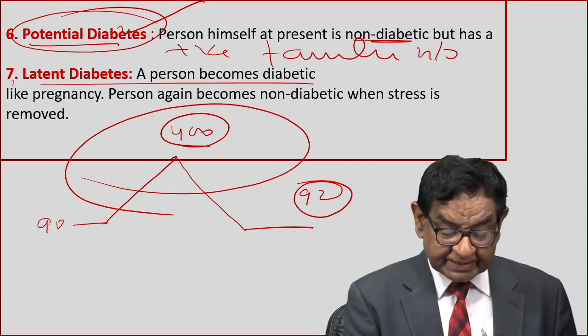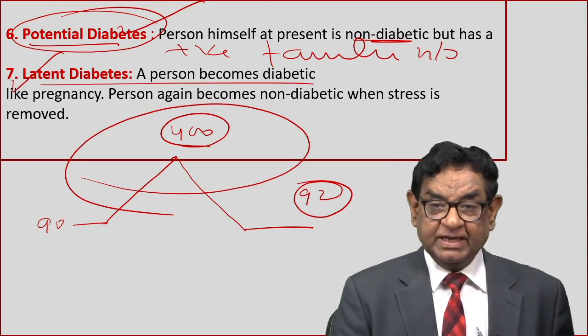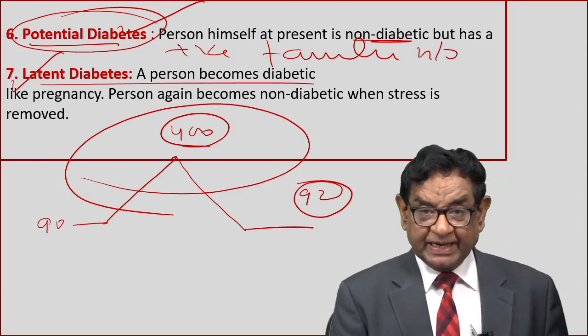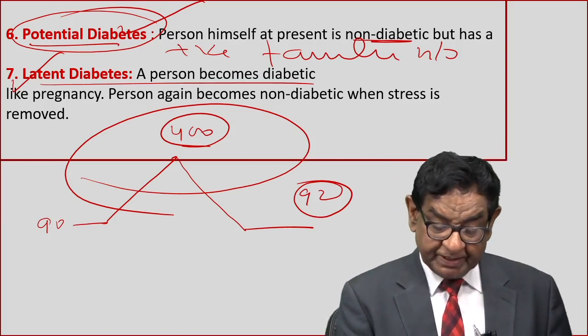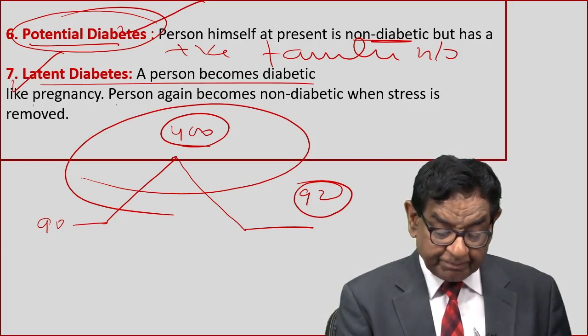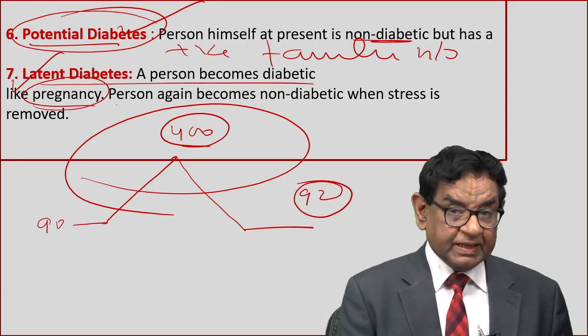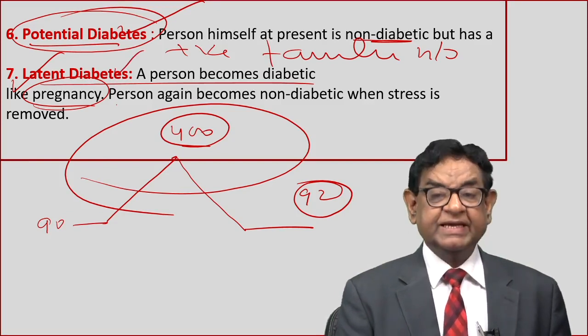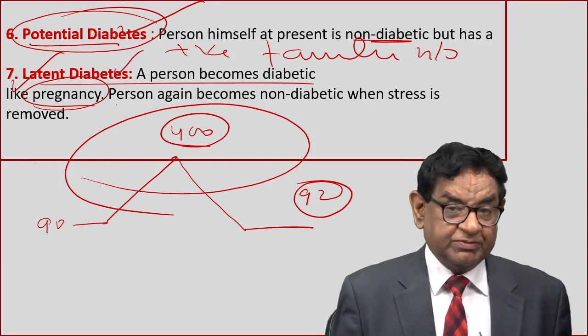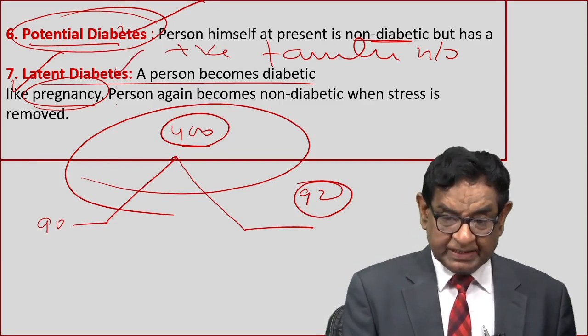So we call this a case of latent diabetes. And classically the same term we use for any lady who is non-diabetic during preconception, becomes diabetic during pregnancy, and again after delivery she comes back to normal. So we call this again a case of latent diabetes, because it was all stress induced diabetes.